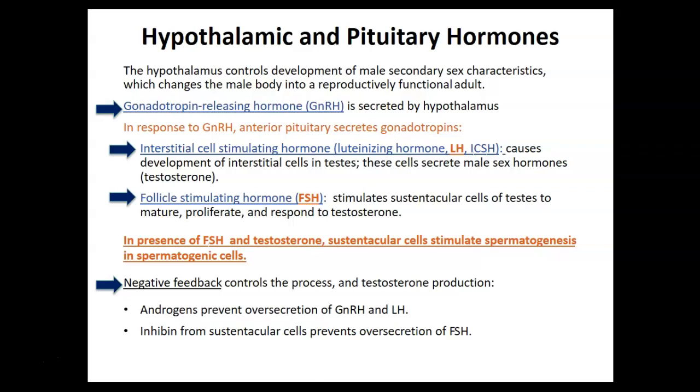So there are specialized hormones, luteinizing hormone, or I'll typically just call it LH, and follicle stimulating hormone, FSH, that are going to be stimulated to be released from the anterior pituitary by gonadotropin releasing hormone, or GnRH. Now, you're going to notice that GnRH, LH, and FSH are present in both males and females. But here's the thing that you're going to have to make a note of. They have different functions depending on the gender.